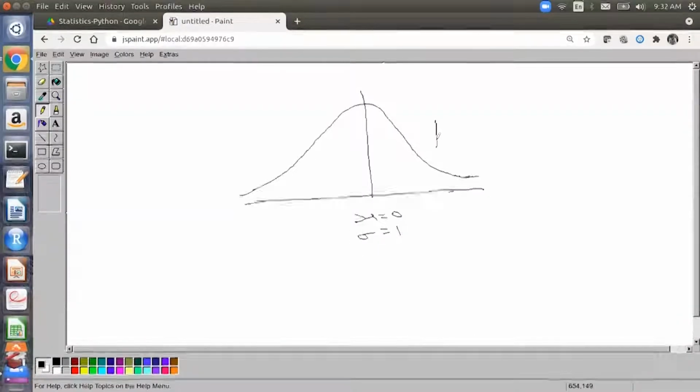Now, what is this? Outlier region. The outlier region in any distribution is represented by alpha, and the value of alpha is 0.05. Then what is the confidence interval? 0.95.